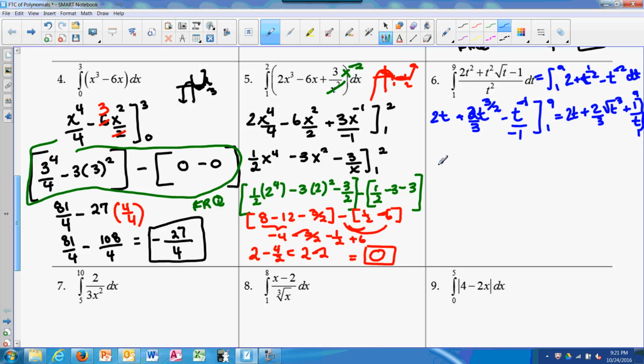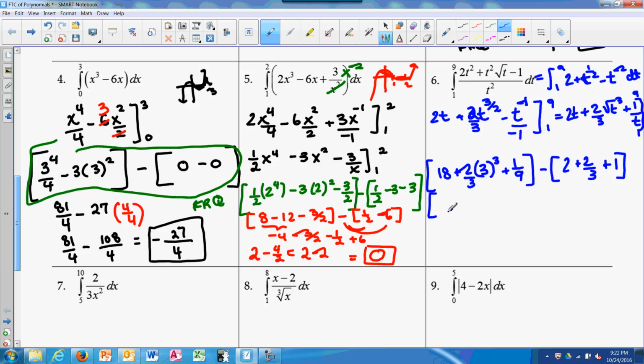So doing our fundamental theorem, which is the top minus bottom, 2 times 9 is 18. I have 2/3. The square root of 9 is 3, which I still have to cube, plus 1 over 9. Minus, if I substitute 1 in, I get 2 plus 2/3 plus 1.